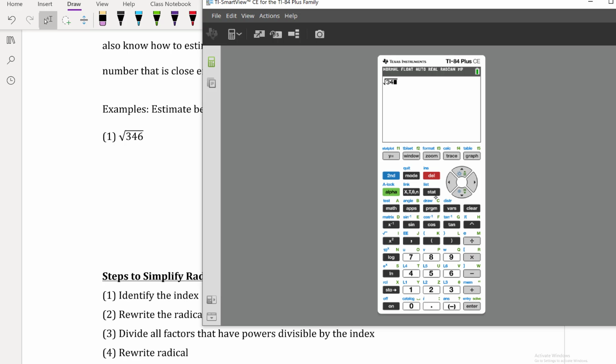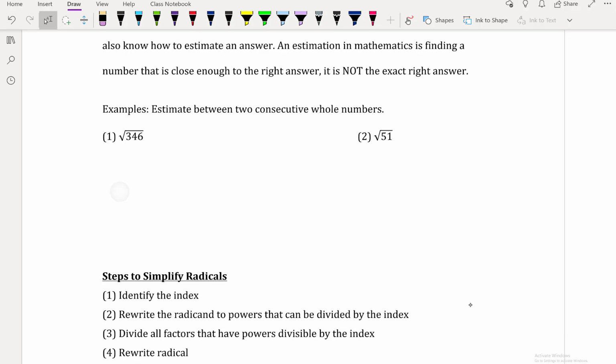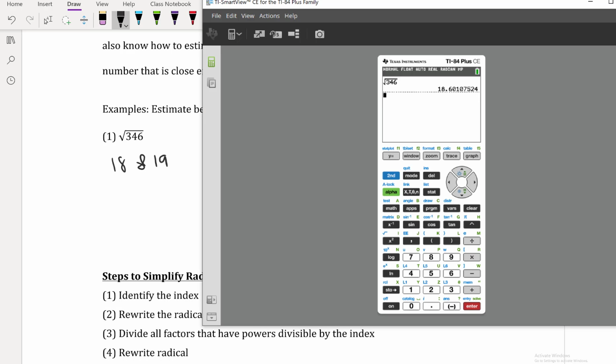If I have the square root of 346, I get 18.6. What two numbers is this 18.6 between? It's between 18 and 19.